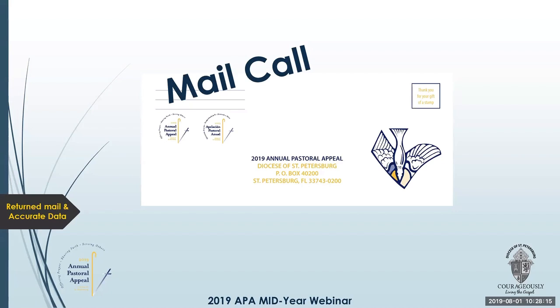We mail to individual households based on data parishes provide us through the PariSoft Family Suite. Our mailings are sent through 2 check systems for address verification before they go in the mail: CASS, which is the United States Postal Service Coding Accuracy Support System, and the National Change of Address System.